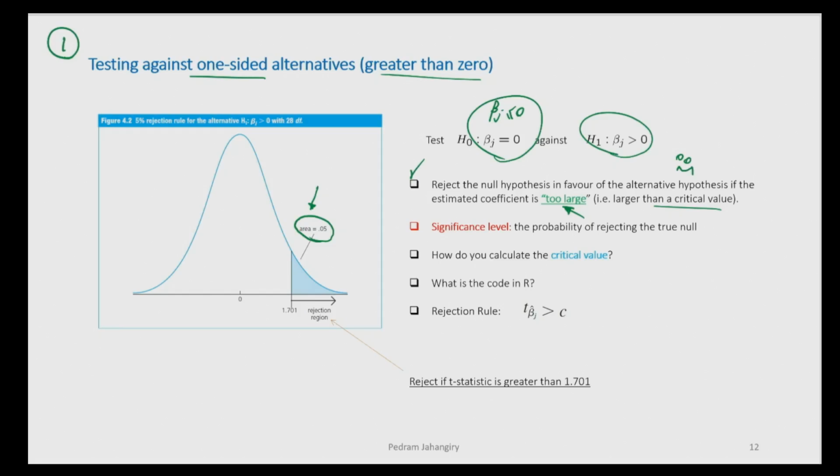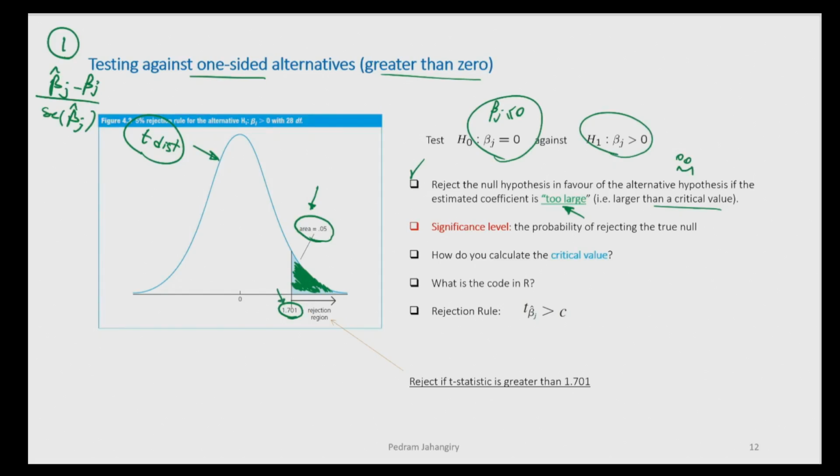If the tolerance level is 5%, you can go ahead and calculate the corresponding t-value, because remember, this has a t-distribution. We showed that beta hat j minus beta j divided by the standard error of beta hat j has a t-distribution, right? Then if I tell you that my tolerance level is 5%, so this shaded area is 5%, I can go ahead and calculate the critical value.